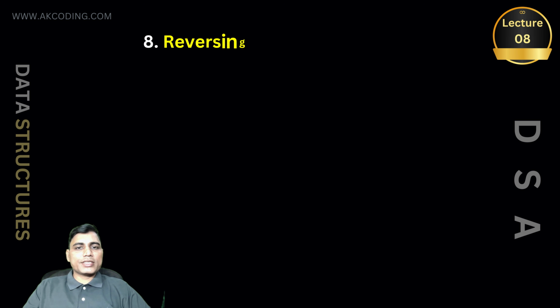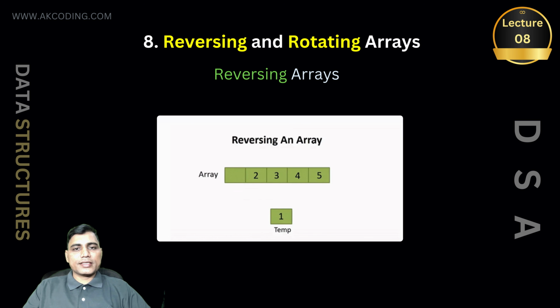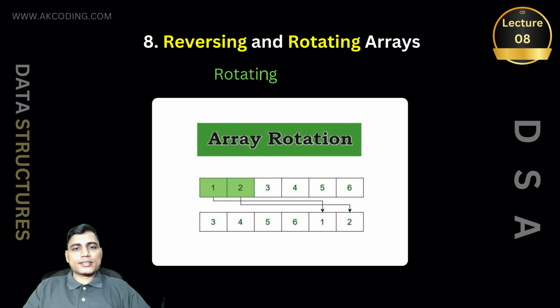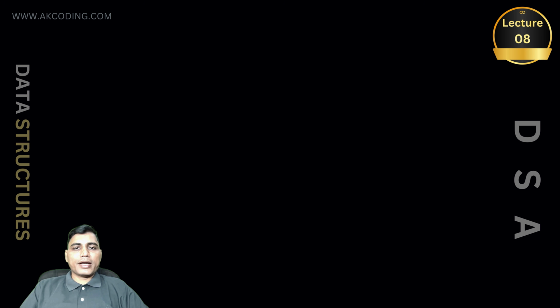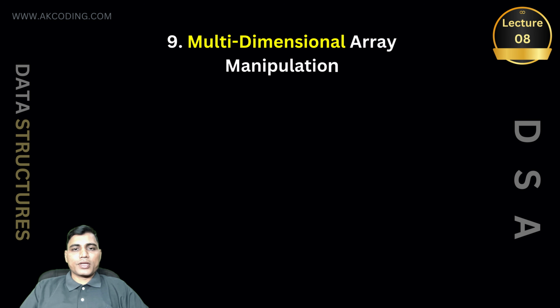Number 8, reversing and rotating arrays. Reversing arrays: reversing the order of elements using the reverse method. Rotating arrays: rotating arrays left or right using loops or slice methods. Number 9, multidimensional array manipulations.